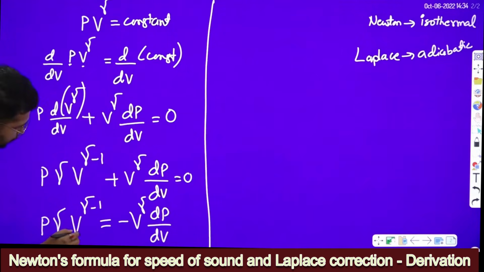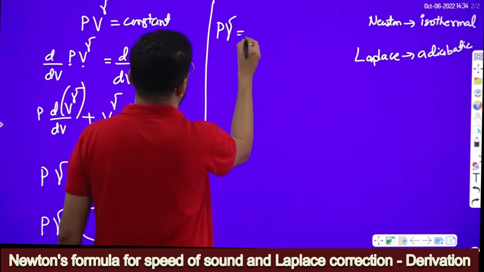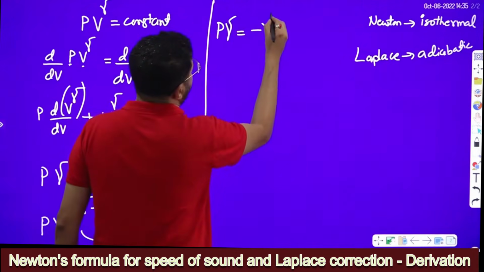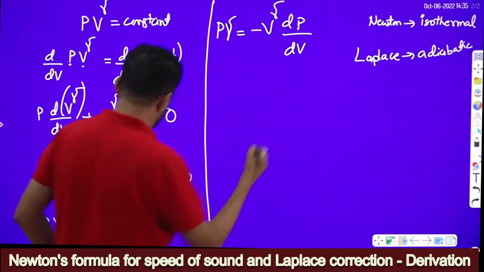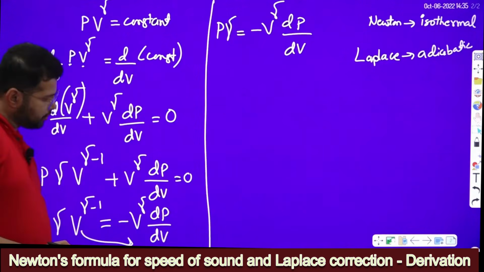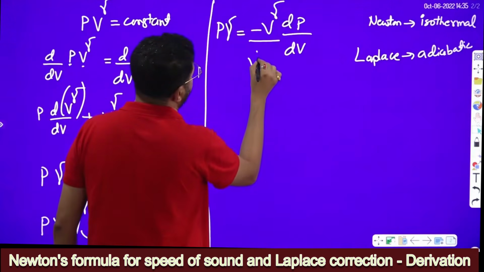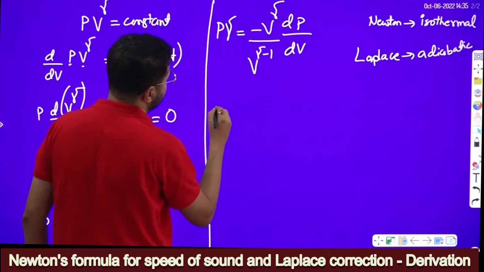We will move this v power gamma minus 1 to the RHS. You will see what happens. P gamma is equal to minus v power gamma into dp divided by dv, and this v power gamma minus 1 comes to the denominator. Now, when it goes up, what happens?